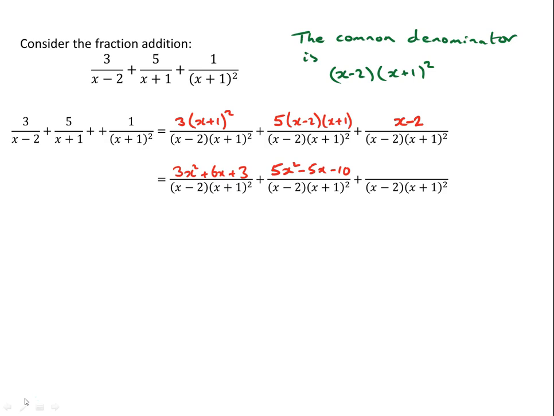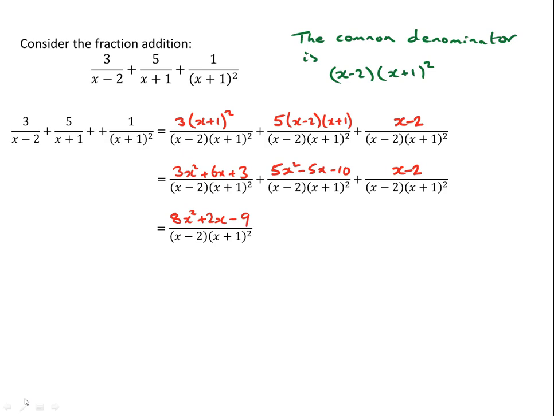And the x minus 2 we're quite happy with on the third term. And we can now add our three fractions up easily to obtain the single fraction 8x squared plus 2x minus 9 over x minus 2 times x plus 1 squared.